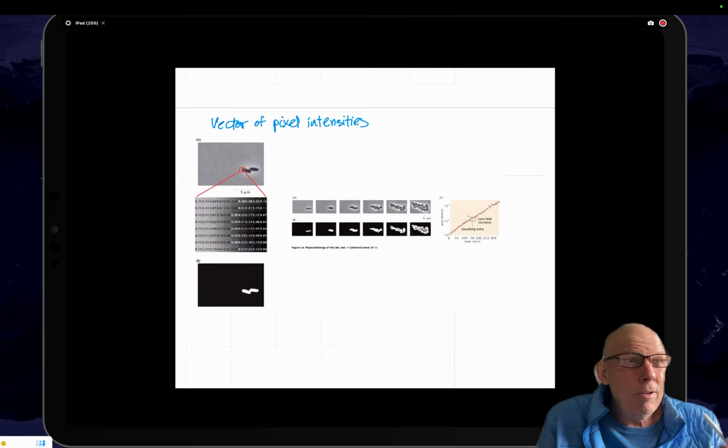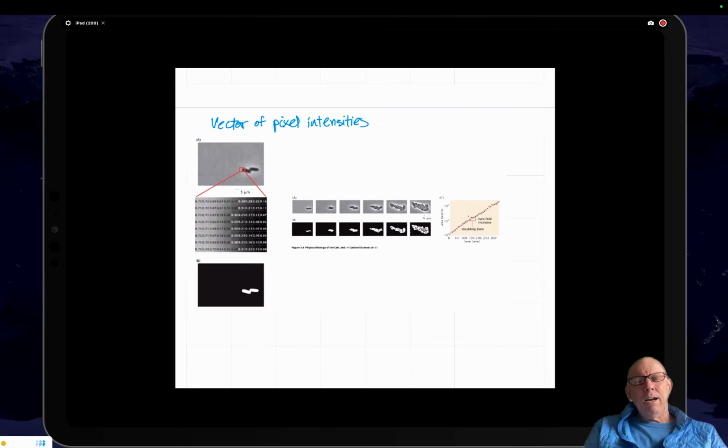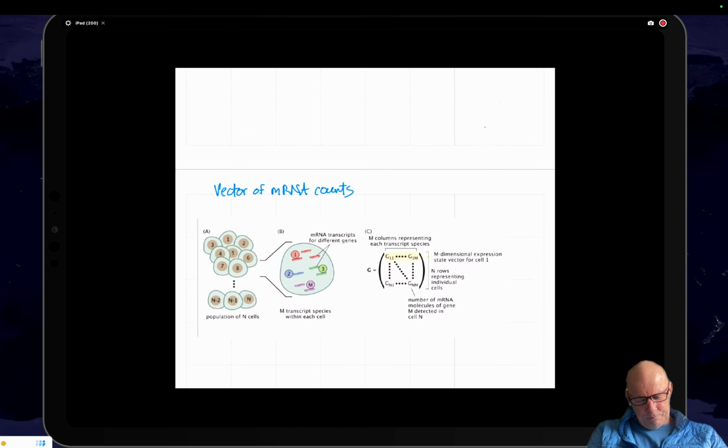Every point in that image has got an address. It's got an I point and a J point. So that's the Cartesian coordinates of that point. But I can write the entirety of that as one giant vector, where at each position in that vector, what I have is a number that represents the intensity. So I'm saying an image can be a vector.